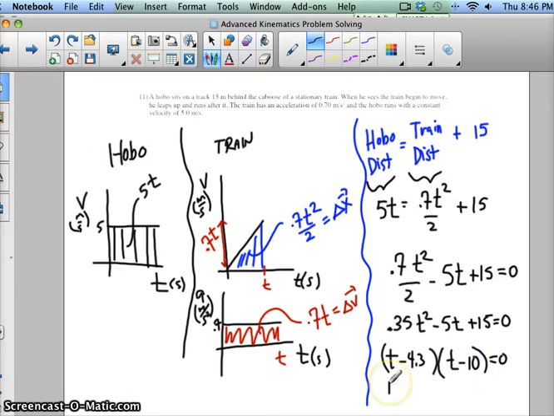So this means that this factor or that factor can be equal to 0. So one or the other or both are equal to 0. So t is 4.3 seconds.